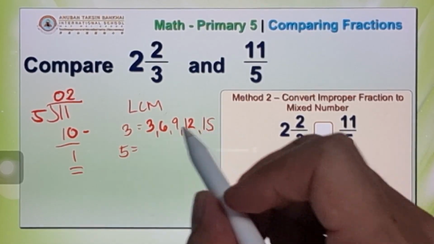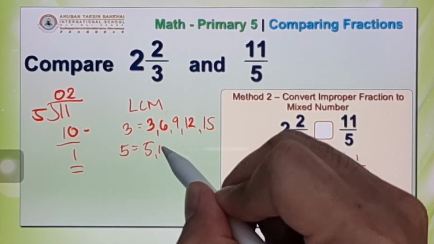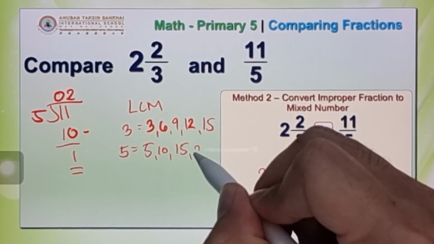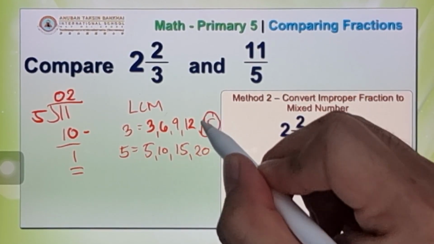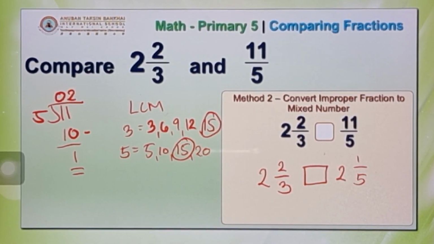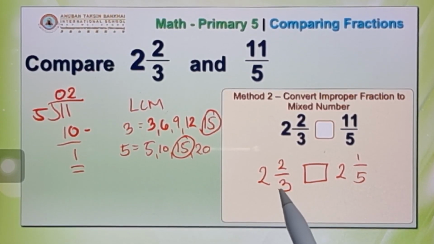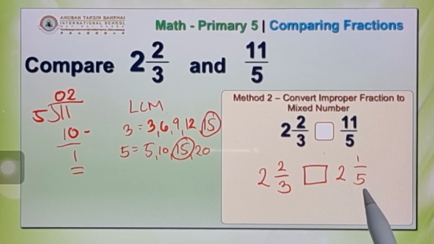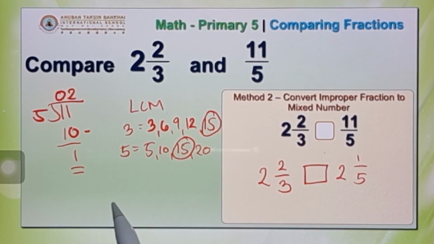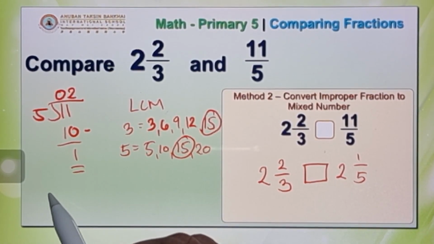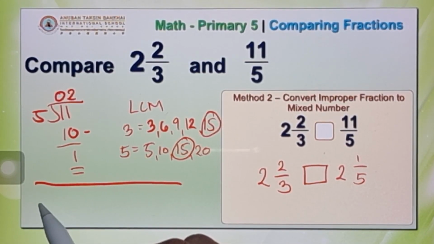Okay, for 5 we have 5, 10, 15, 20. Okay, we have here our LCM, which is 15. So we need to change this one, 3 to 15 and 5 to 15.